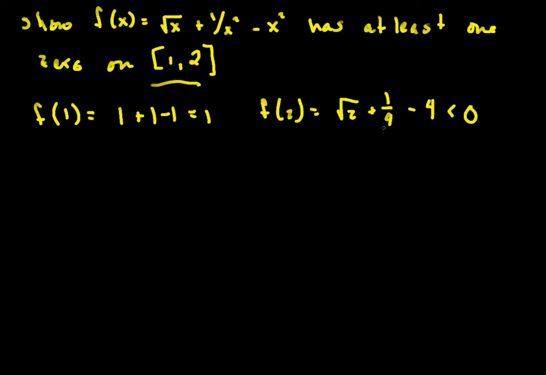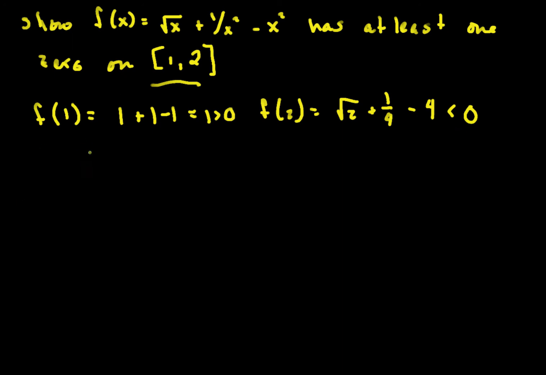This is some number, but root 2 is definitely less than 2. Add a fourth to it, this thing is still less than 2, and then I subtract 4, we're going to be negative. So the key thing here is that this is bigger than 0, this is less than 0.